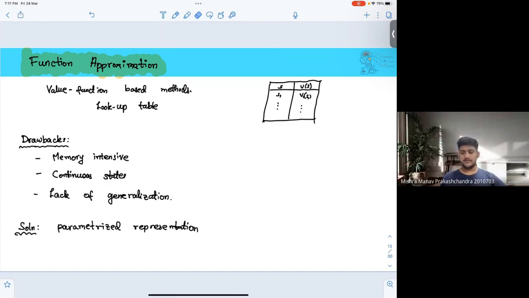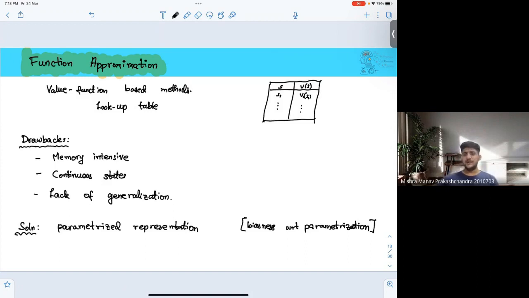And obviously, the moment I do that, there will be bias with respect to parameterization. So the way I parameterize the value function is important here, because if not, the representation would have an inherent bias, and no matter what you do, it will never be perfect.